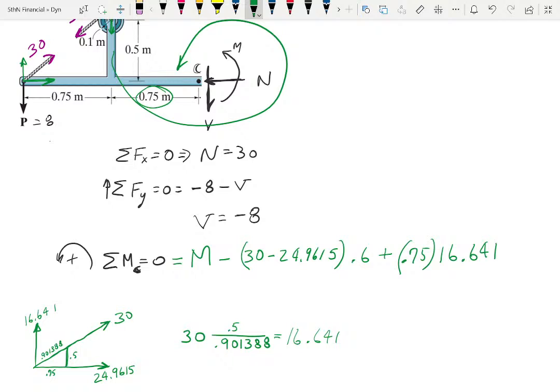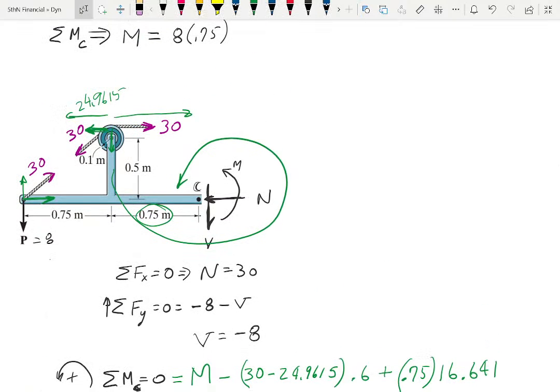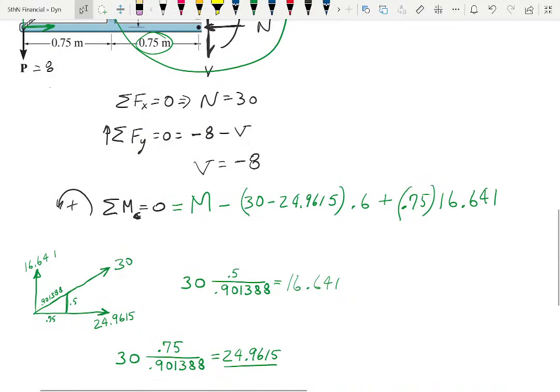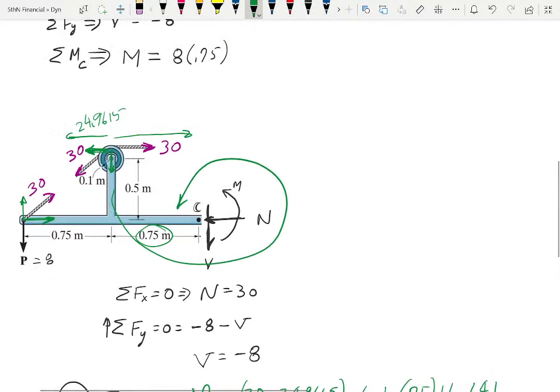And then you're going to have a moment not from this one, but from this one, and that one will be 16.641, but you're going to have an 8 going down.